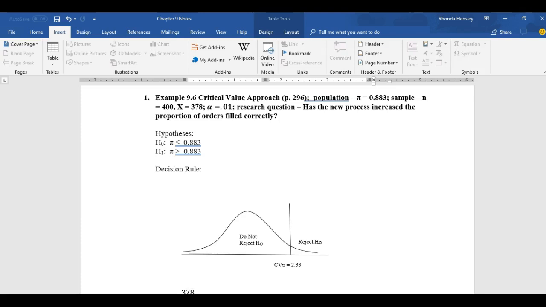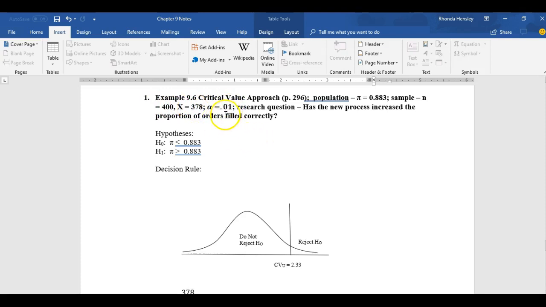Oh, this is the number of drive-through orders that are filled correctly. So McDonald's reported they fulfilled 88.3% correctly. That's where that came from. So they took a sample of the next 400 orders, and 378 were filled correctly.